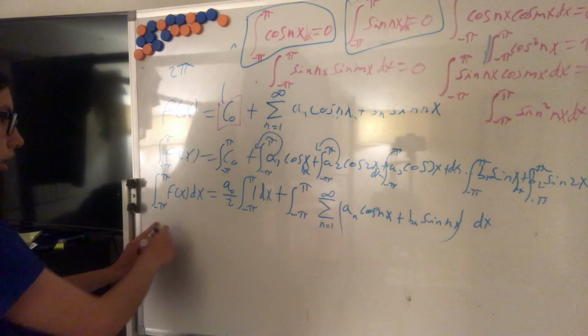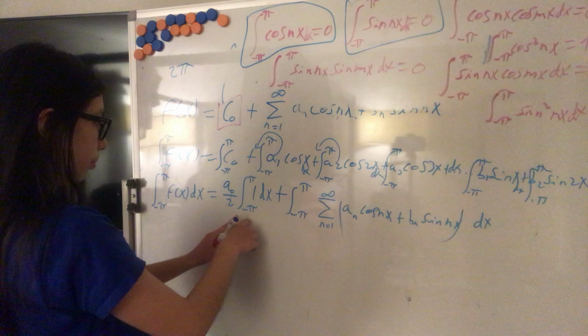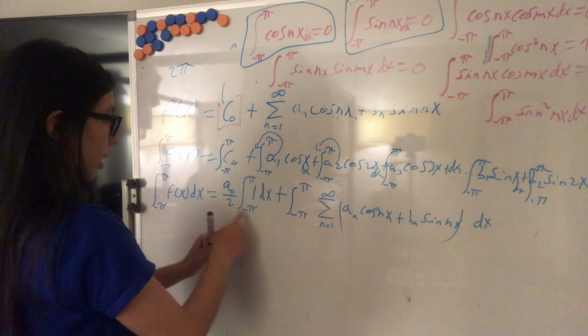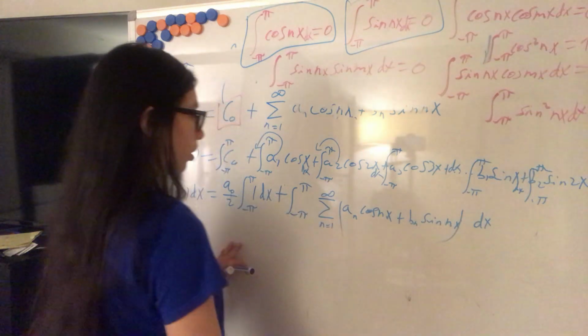And we only have this: the defined integral from minus pi to pi of the function dx is equal to a naught over 2 times the defined integral from minus pi to pi of 1 dx, and all the rest becomes 0.